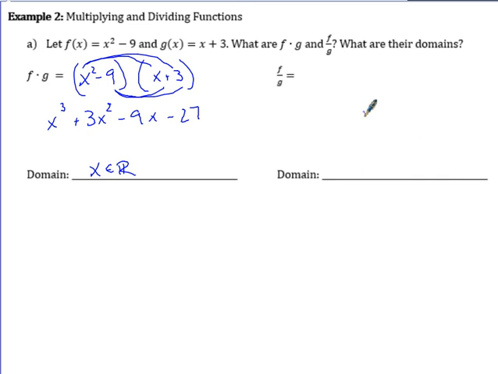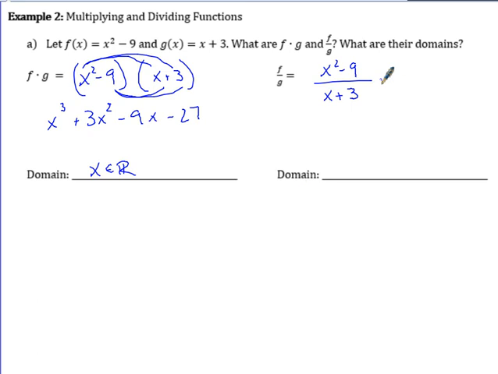Okay, f over g. So now I'm going to have f divided by g. Okay, anytime we have fractions, we need to have these functions be factored. Okay, so x squared minus 9 can be factored. That is a difference of squares.